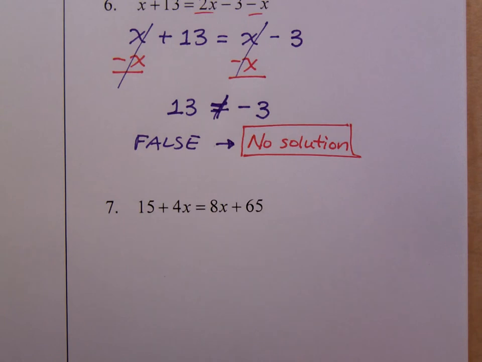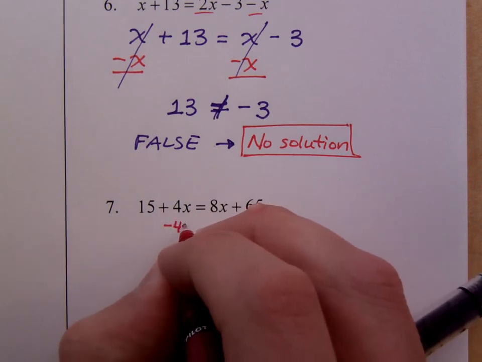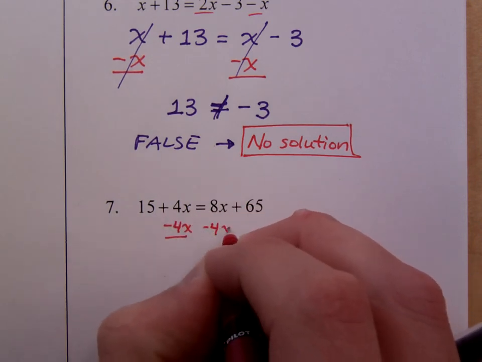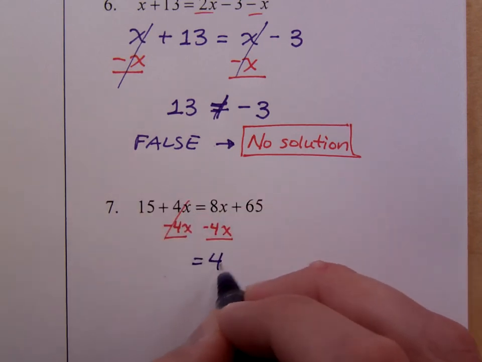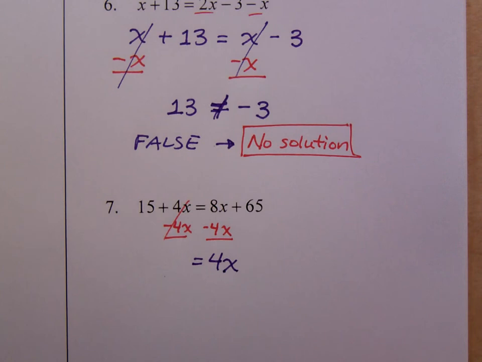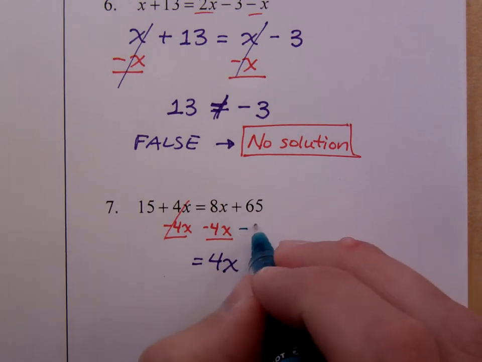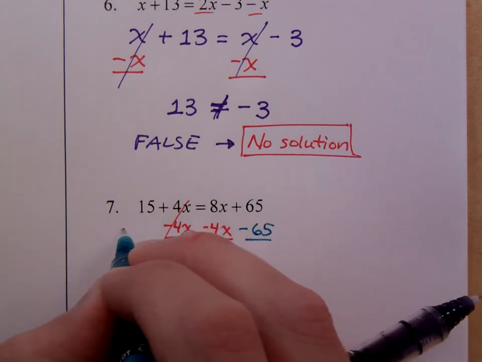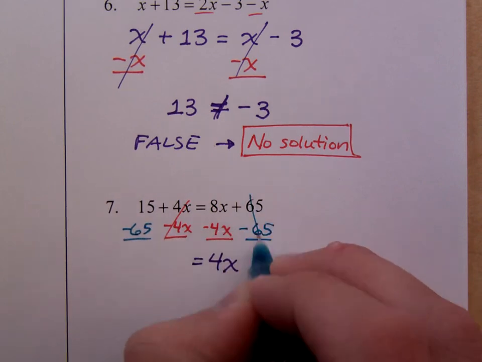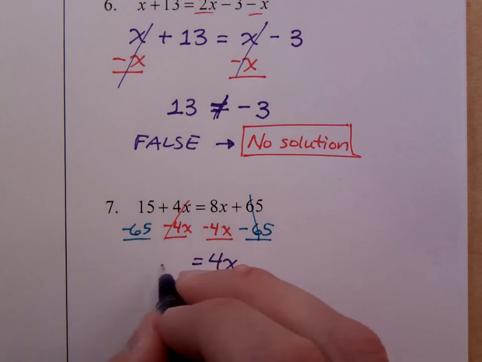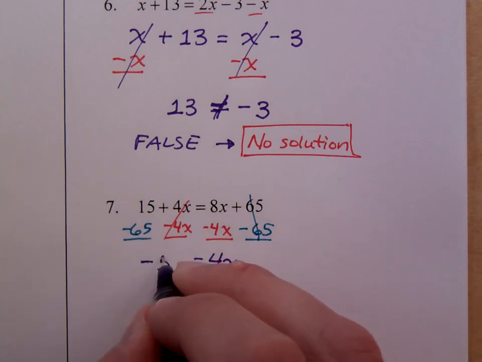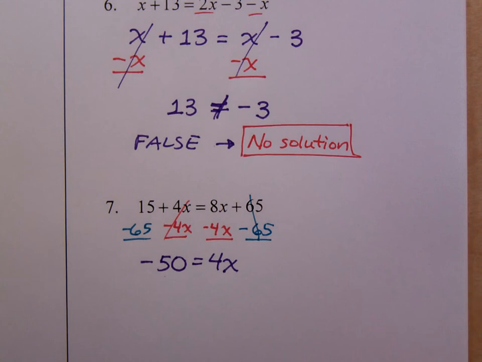Number 7 is a lot like number 1. Get your x's to one side. I would move my x's to the right because that gives me a positive coefficient here, 4x. But I'd also move my 65 to the left, so I'm going to subtract 65. Those guys reduce. 15 minus 65 is negative 50.